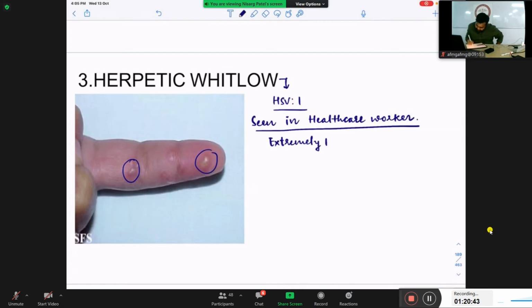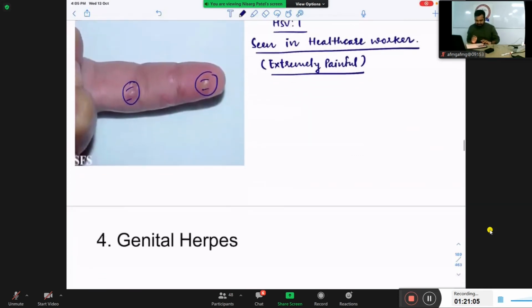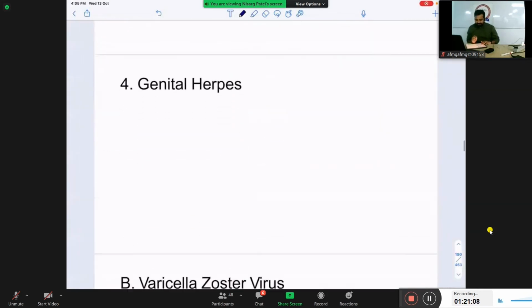The finger will swell and you will notice vesicles. So vesicles will give us an idea that this is a herpes virus.